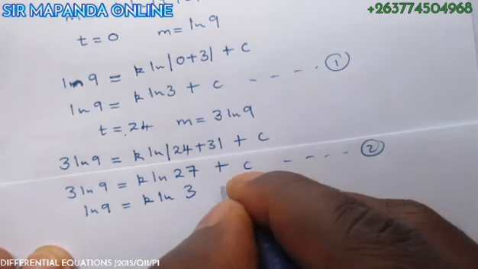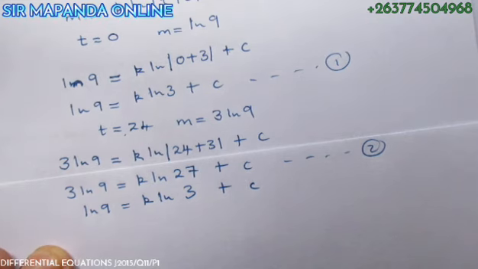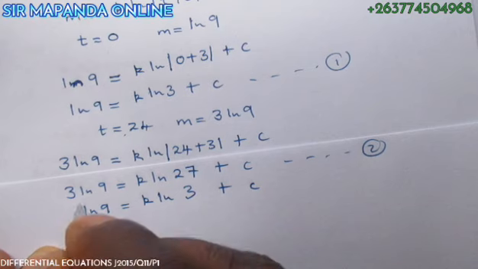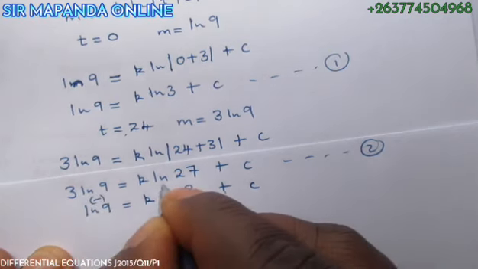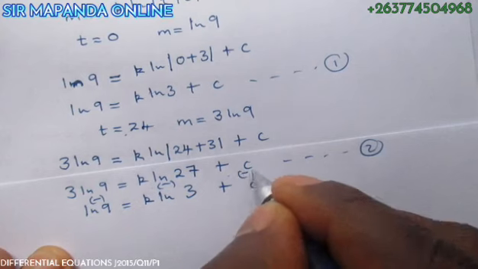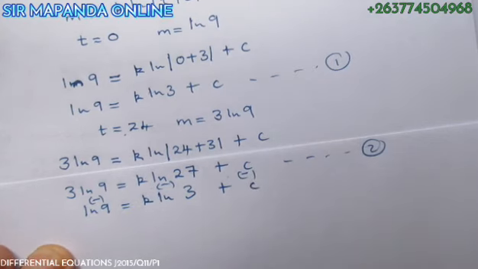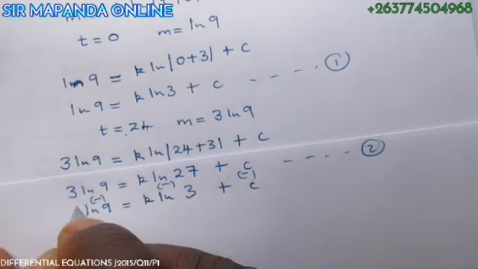So to find k, we can make use of the elimination method, whereby you subtract the two equations. So I'm now subtracting the equation on top minus the equation at the bottom. So 3 ln 9 minus ln 9 are like terms. ln 9 is as good as 1 ln 9.